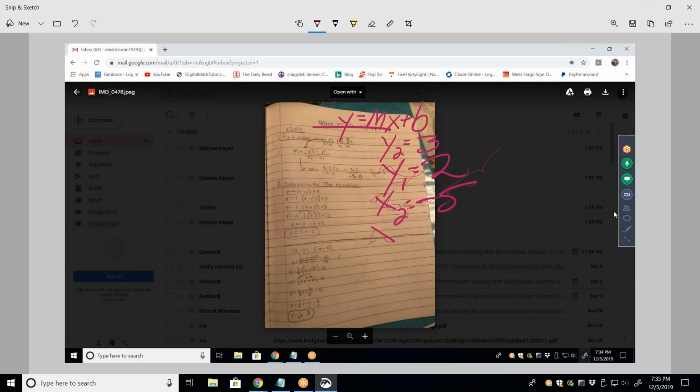What is x sub 1? 0. Now, what is y sub 2 minus y sub 1 divided by x sub 2 minus x sub 1? Just fill in the numbers. Don't do anything else.